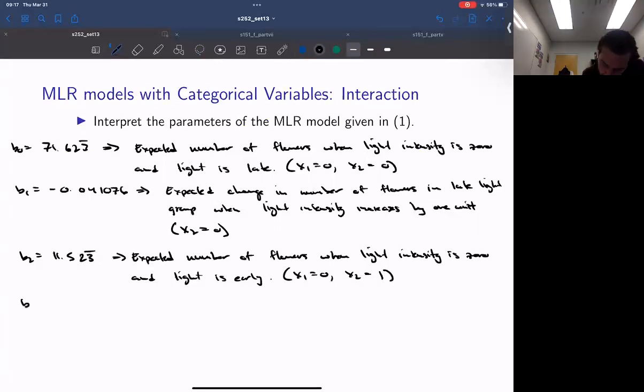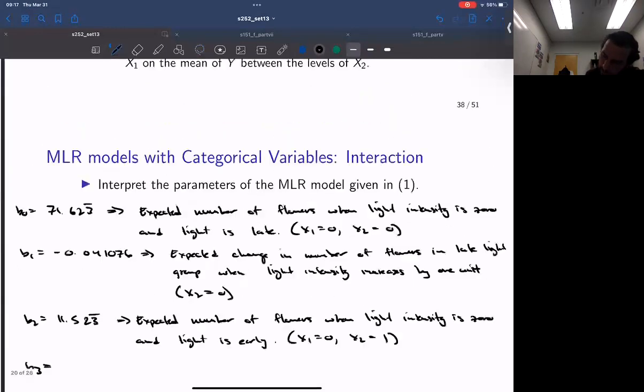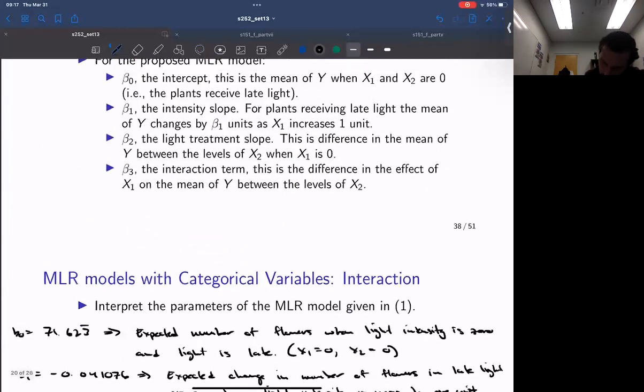Okay, and then beta 3 represents the difference in slopes between the two lines. So we can say this value is 0.00121.